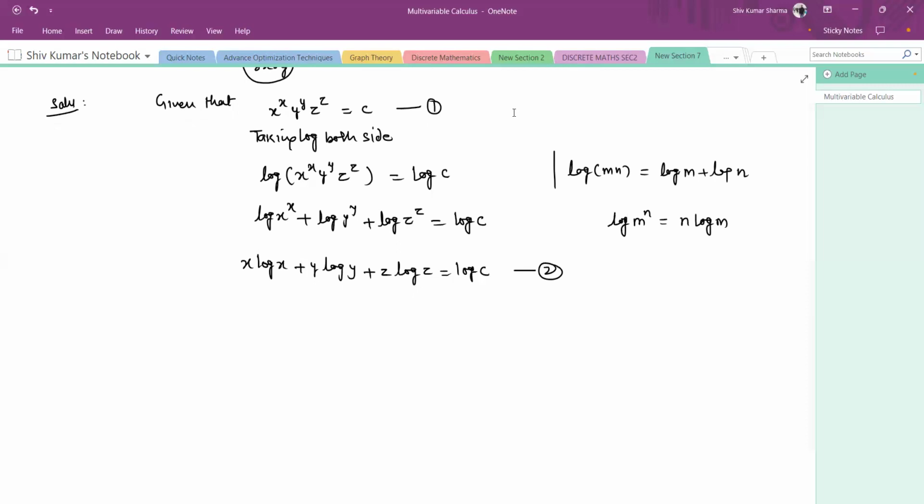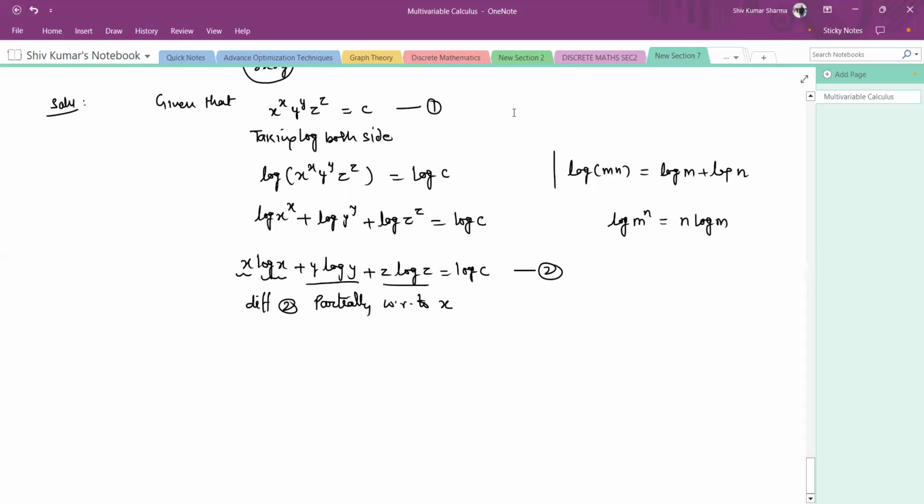So now we differentiate partially with respect to x. When we differentiate this equation partially with respect to x, we see that the first term is completely x, the second term is y, and the third term is z.